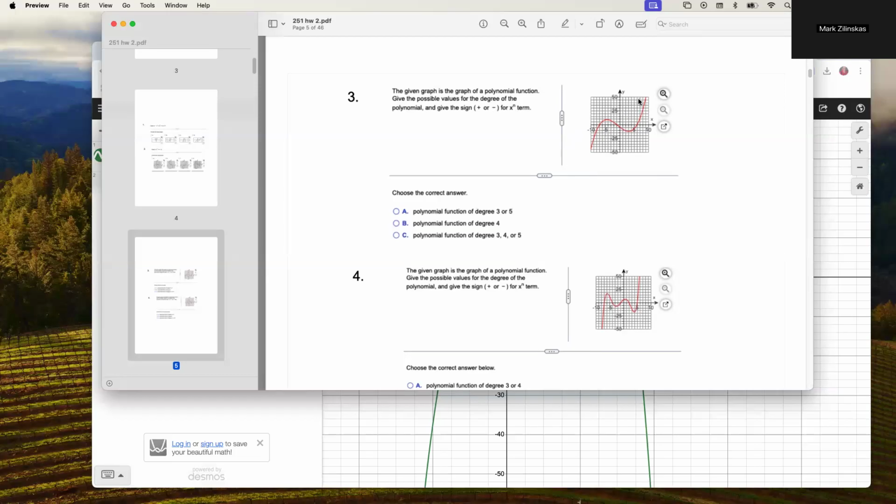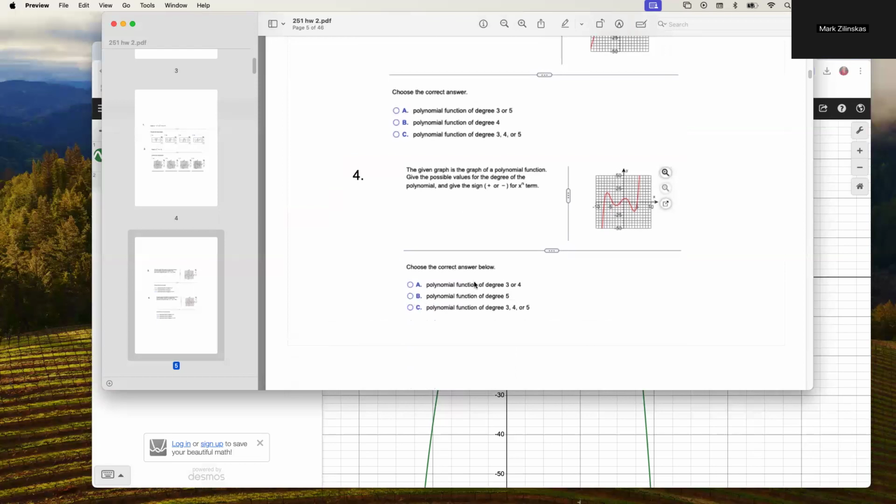So it has to be positive because it's going up to the right. And that would be the second part of this question. You would push the plus sign there. So this is just a PDF document here of an example. So I'm just showing you here. And then obviously you would pick this option first. Once you select this, then the second one will pop up.